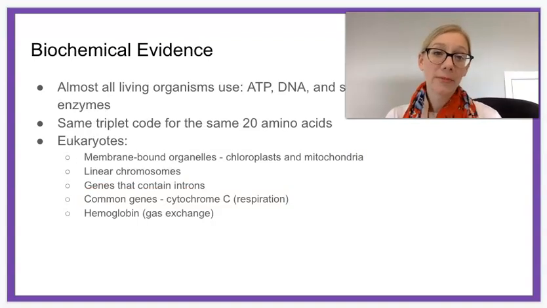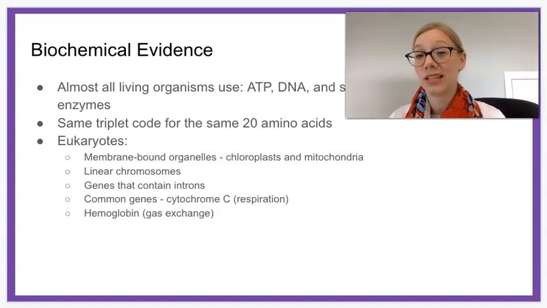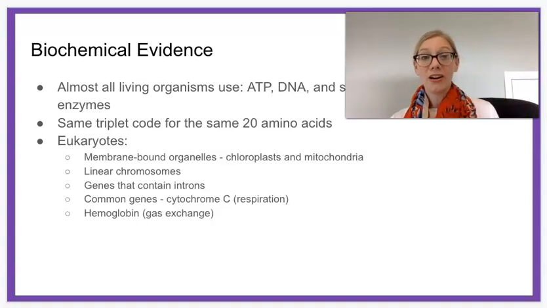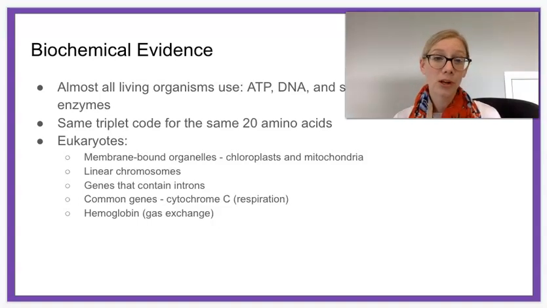Okay, then we have biochemical evidence. When we look at things, almost all living organisms use ATP and DNA and specific enzymes. We all have the same triplet code for amino acids, right? And then when we look specifically at eukaryotes, we have membrane-bound organelles. We have things like chloroplasts and mitochondria, and how we use them in cellular respiration and photosynthesis really helps us relate organisms together.